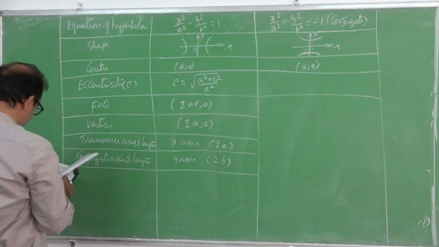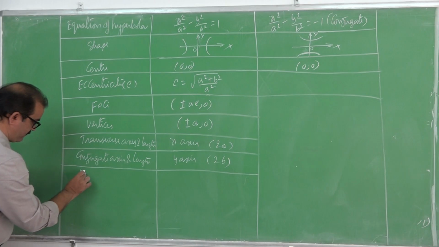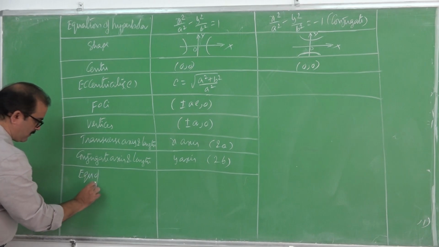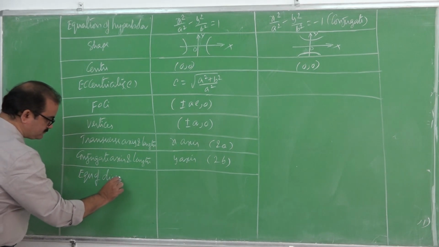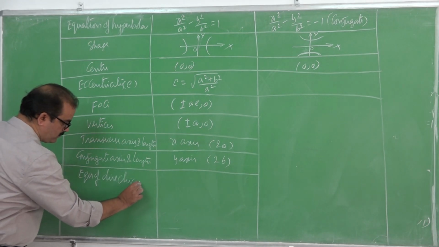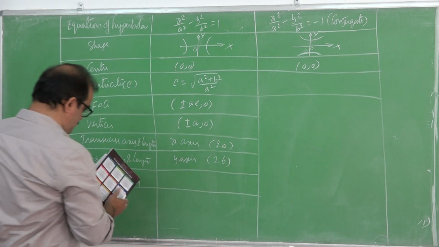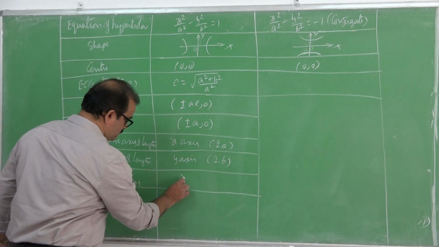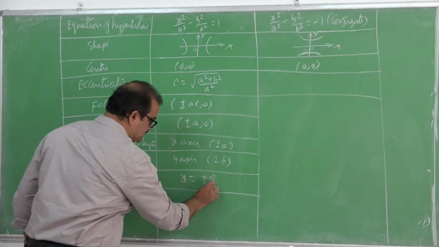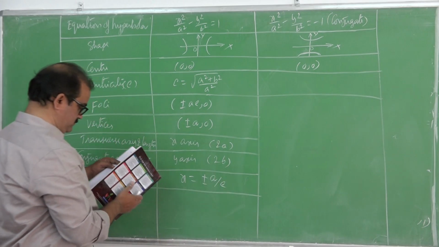Next, equation of directrices. X is equal to plus or minus a by e.